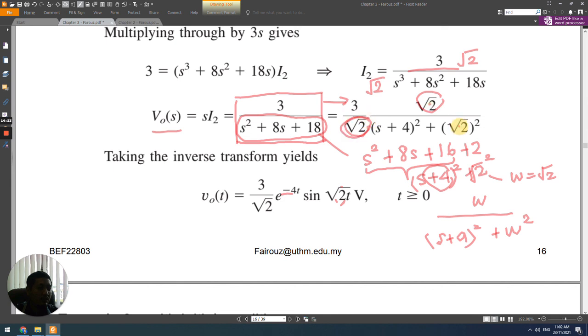So now we have square root of 2 as omega and omega here. Now you can inverse Laplace transform to get 3 over square root of 2 exponential minus 4t, t sine square root 2 t.